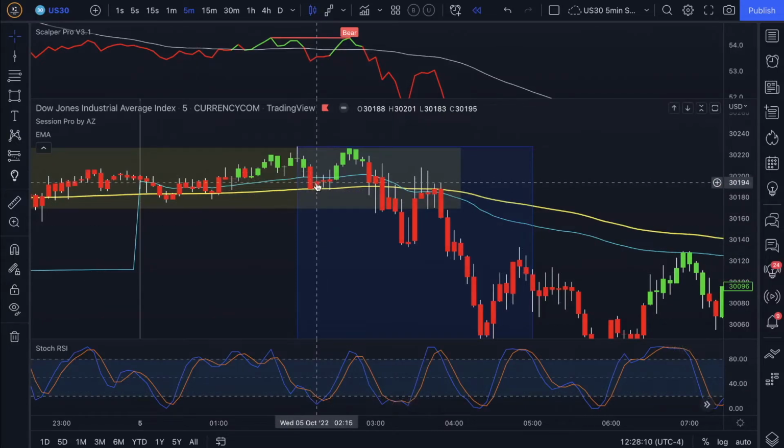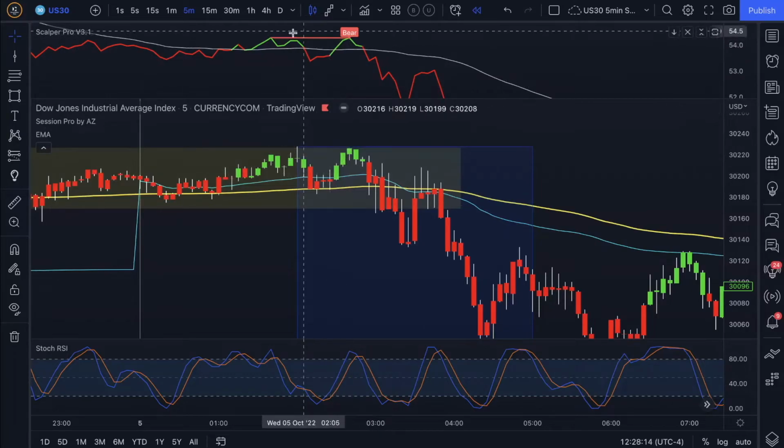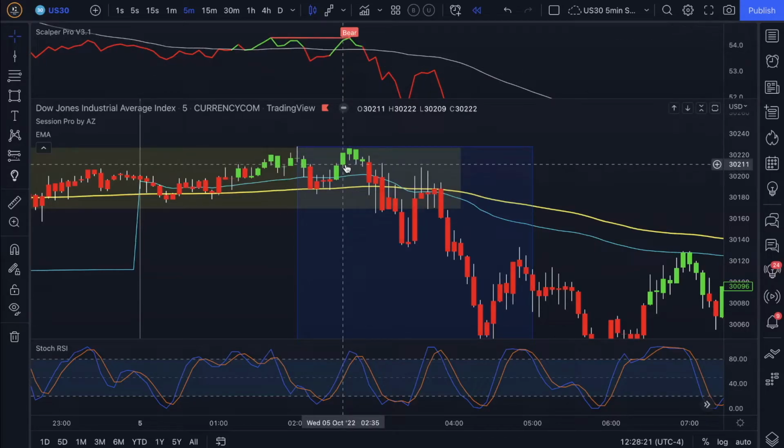We keep waiting and we see price kept pulling back up. And now we also got a bearish divergence confirmation on the Scalper Pro. So now we already know that we are looking for a short setup. We wouldn't take this long by any chance.